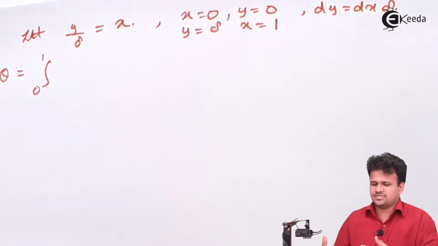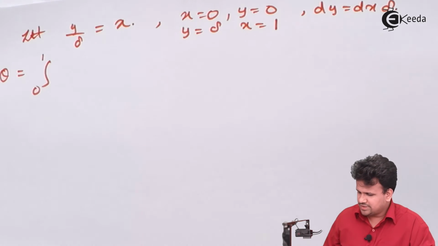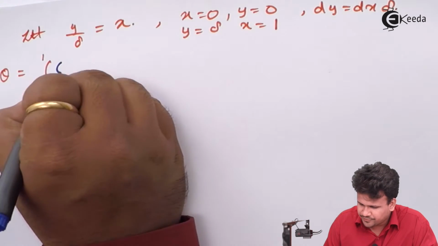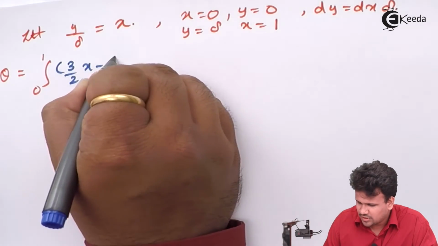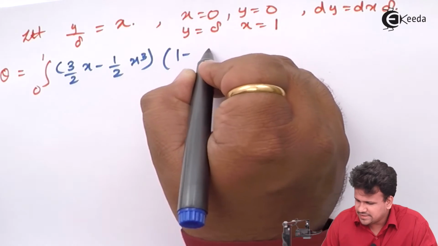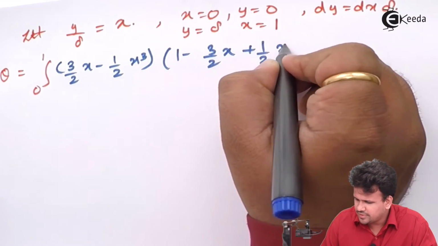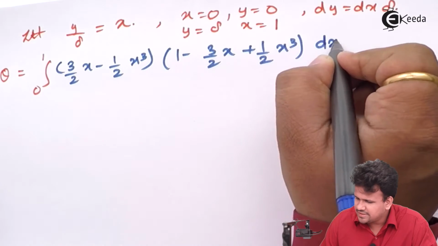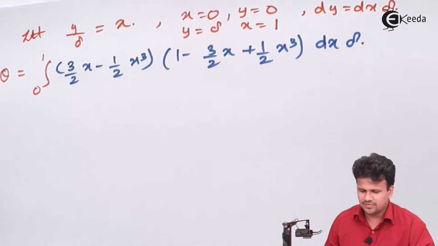So we are substituting y in terms of x. This equation will now become 3 by 2 x minus 1 upon 2 x cube, into 1 minus 3 by 2 x plus 1 upon 2 x cube, into dx into delta. So this is the equation we have got.